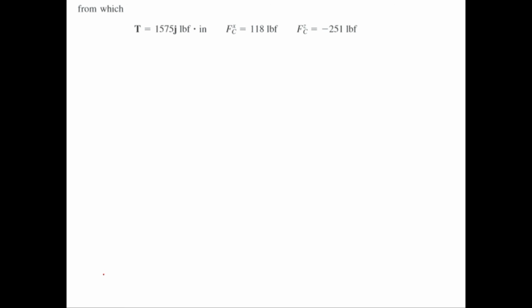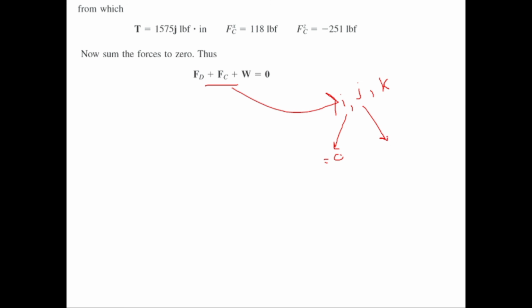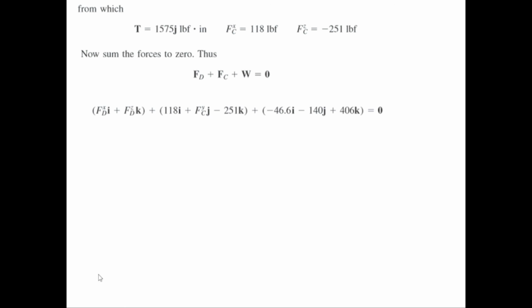Now either take forces in x direction equals to 0, y direction equals to 0, z direction equals to 0, or sum these forces by writing them in the rectangular components, and then take all I components equals to 0, j components equals to 0 and k components equals to 0. So we have to find FCY and also FD components.